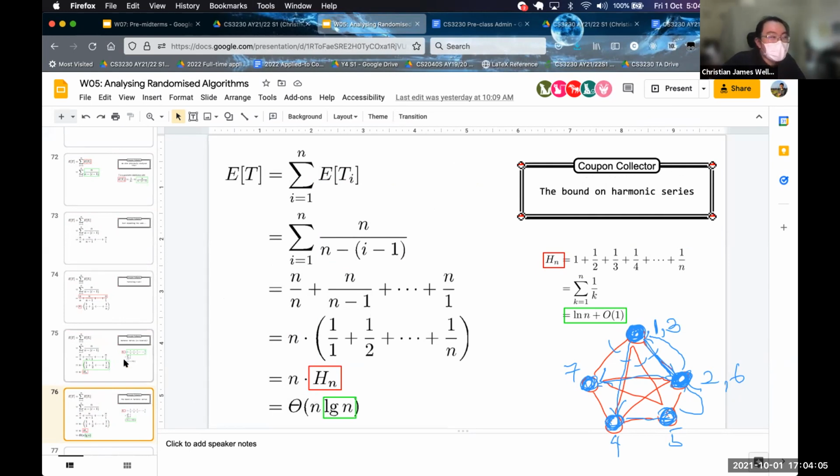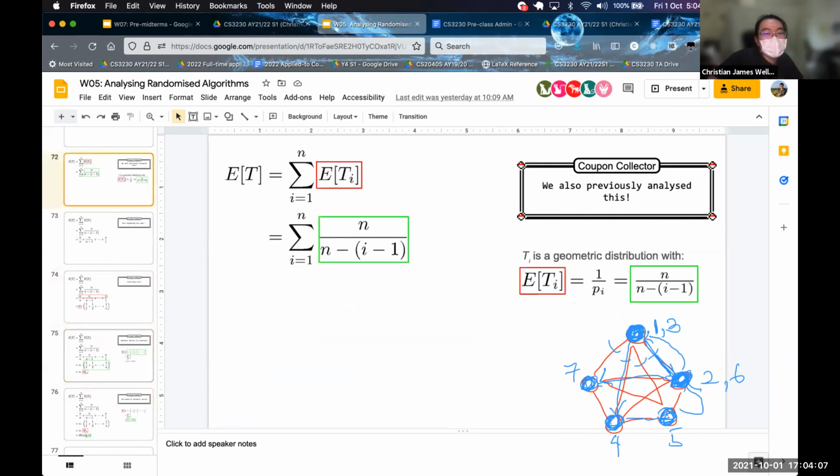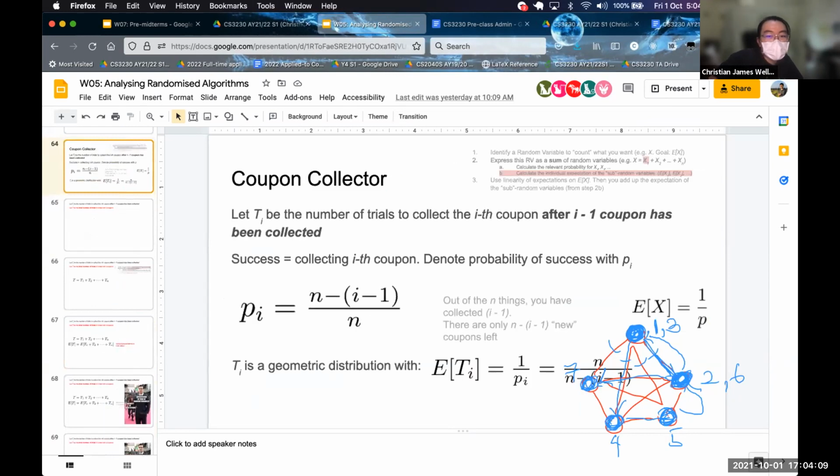A small caveat, if you do the analysis rigorously, is that in coupon collector, after you collect, let's say, coupon number 2, in the next round you can collect number 2 again. You can collect yourself consecutively.